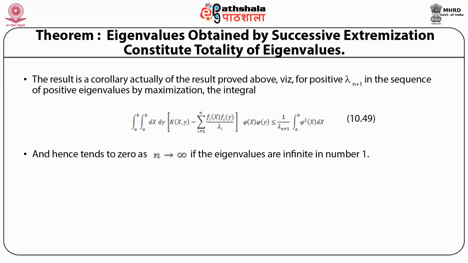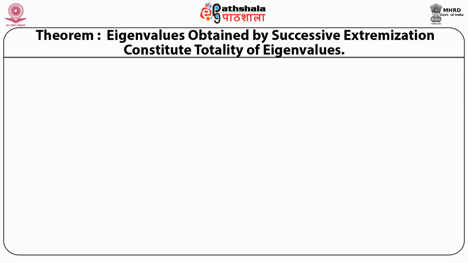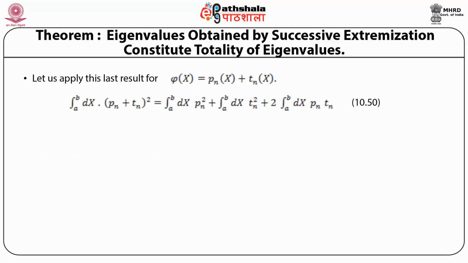That is, instead of p_n(x), we have now phi(x), and this is less than or equal to 1 upon lambda_(n+1) multiplied by the integral a to b of phi squared(x) dx, and hence tends to 0 as n goes to infinity if the eigenvalues are infinite in number. Let us apply this last result for phi(x) equal to p_n(x) plus t_n(x).